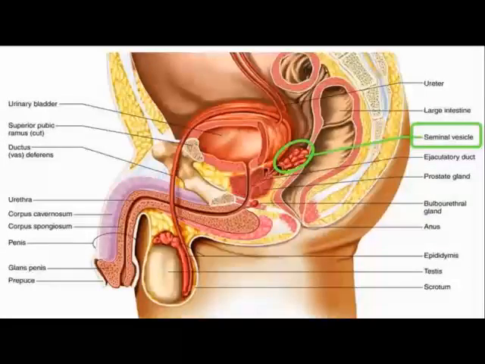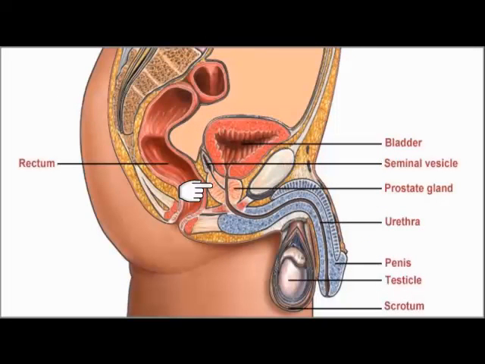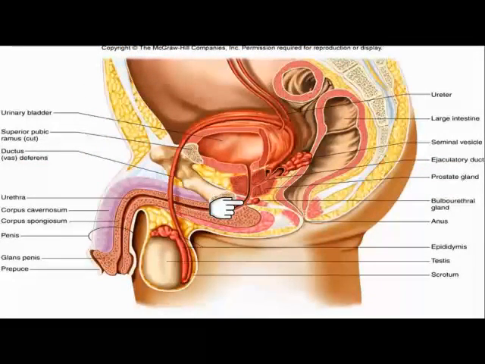The seminal vesicle supplies fructose to nourish the ejaculated sperm and secretes prostaglandins. The prostate gland is the next component. It secretes an alkaline fluid that neutralizes the acidic vaginal secretions. The bulbourethral gland secretes mucus for lubrication.